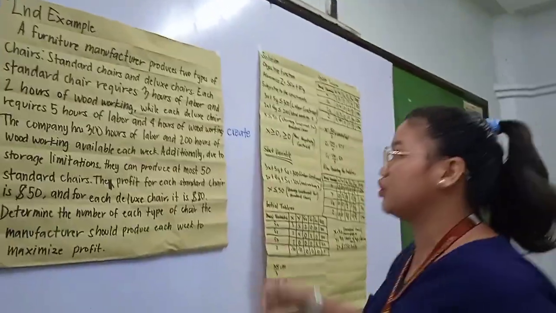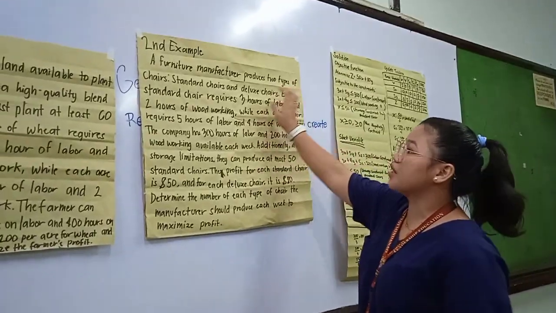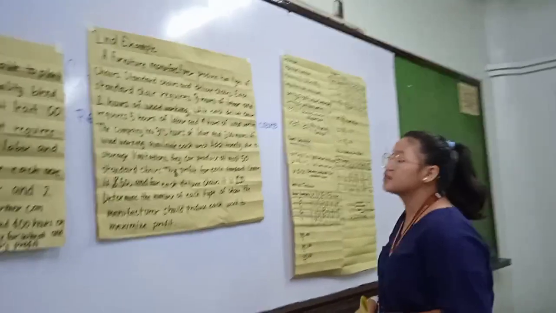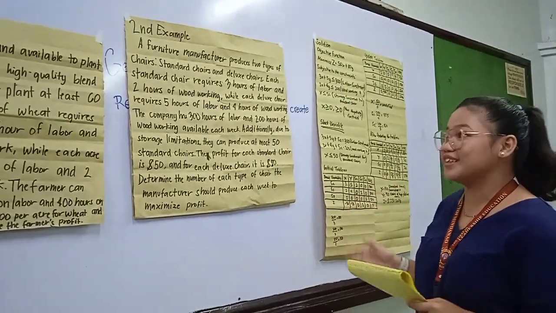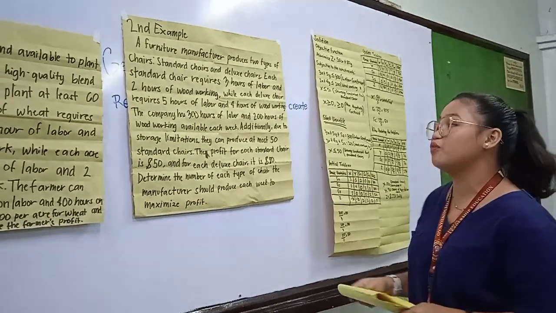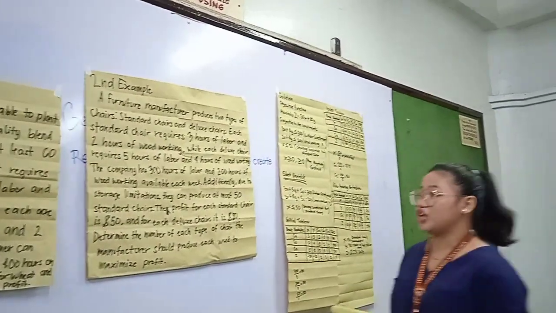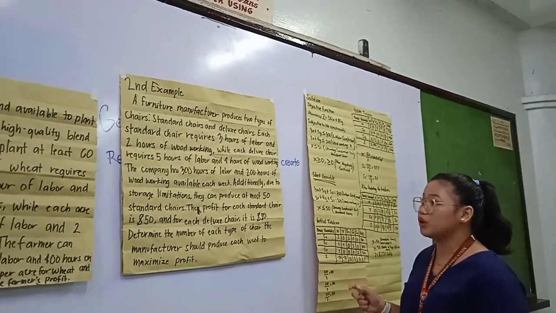Here, a furniture manufacturer produces two types of chairs: standard chairs and deluxe chairs. Each standard chair requires 3 hours of labor and 2 hours of woodworking, while each deluxe chair requires 5 hours of labor and 4 hours of woodworking.